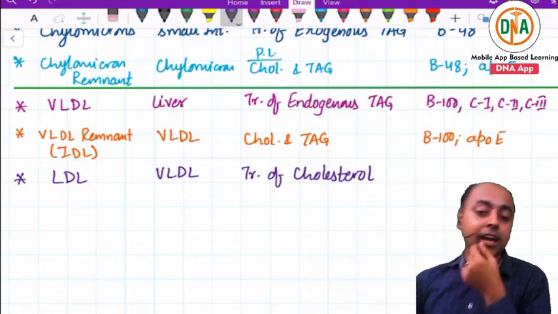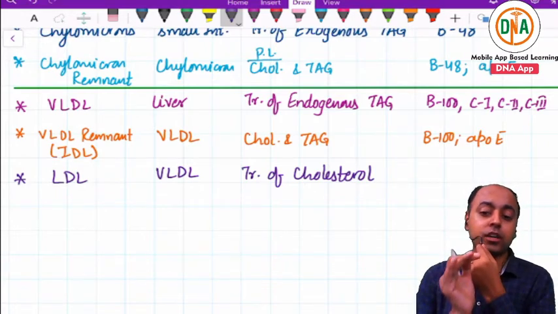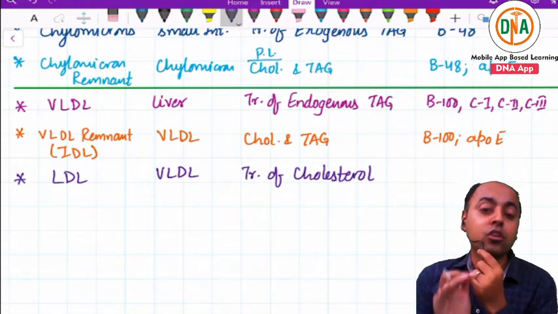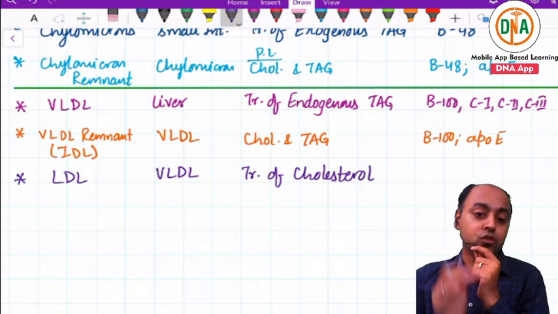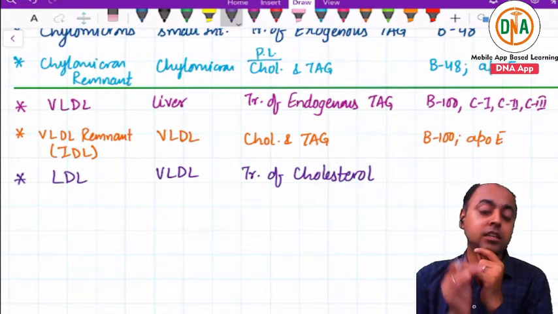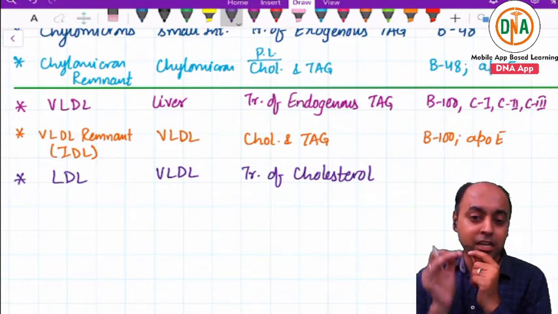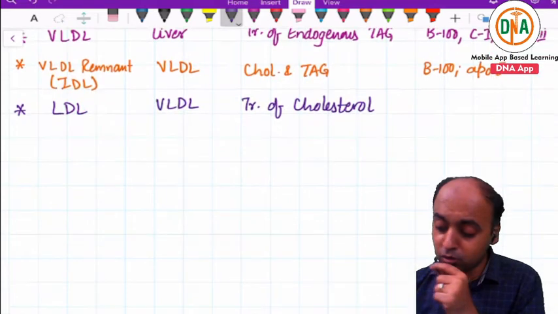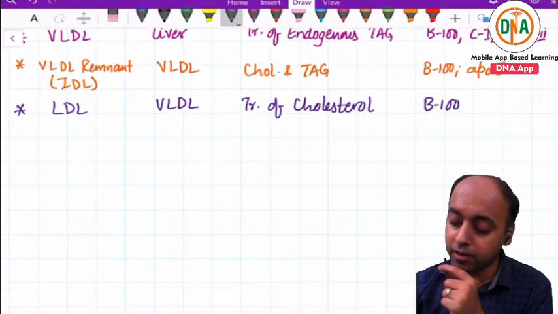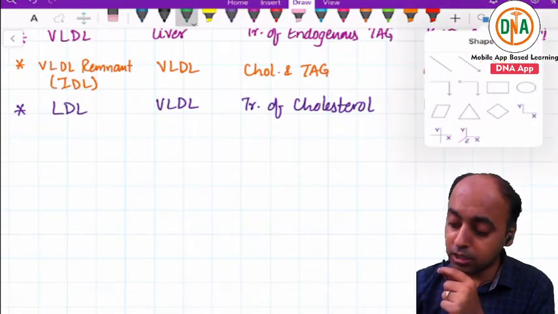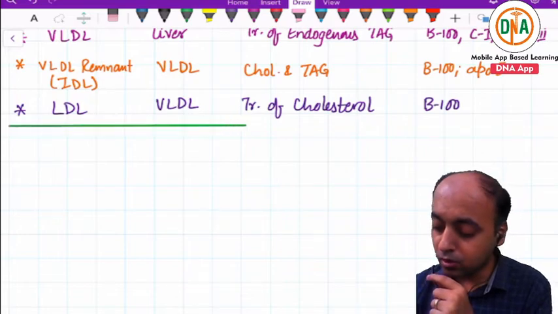So remember, LDL doesn't directly mean atherosclerosis. LDL has a physiological role. What is the physiological role of LDL? That is the transport of cholesterol from the liver to the extrahepatic tissue. And if you talk about marker, a single copy of B100 is the hallmark of LDL.